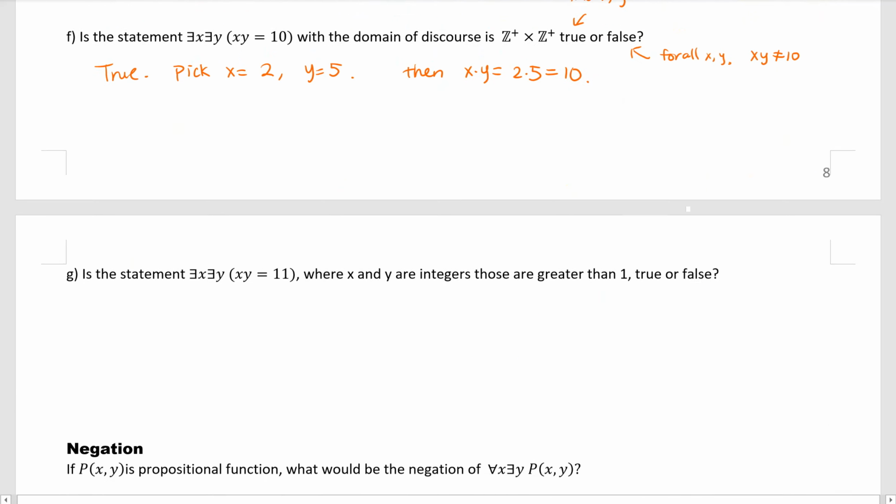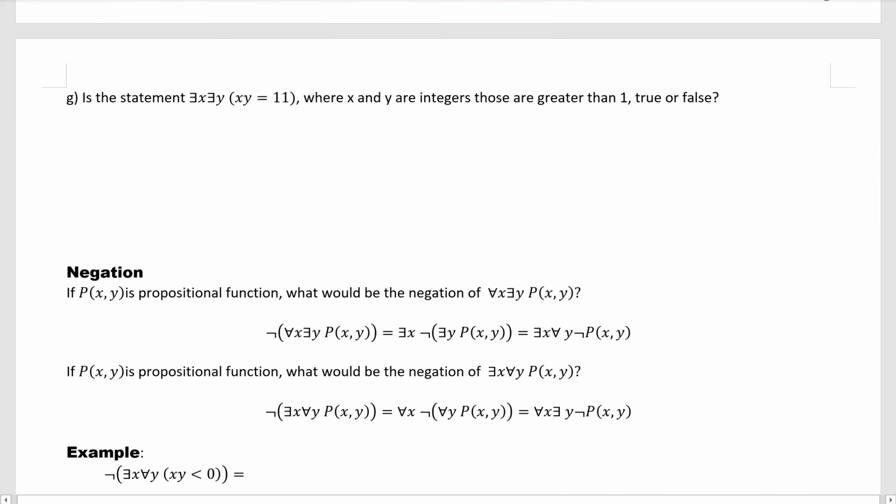Okay, let's continue. Is the statement there exists x, there exists y, x times y equals 11, where x and y are integers that are greater than 1, true or false? Well, think about the positive integer divisors of 11. Well, 11 is a prime number.